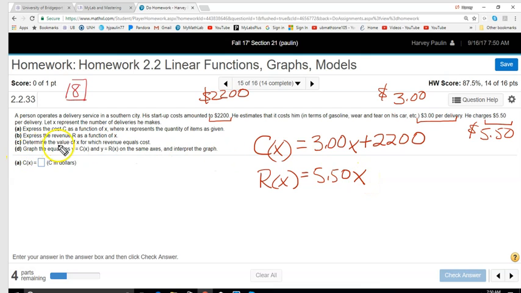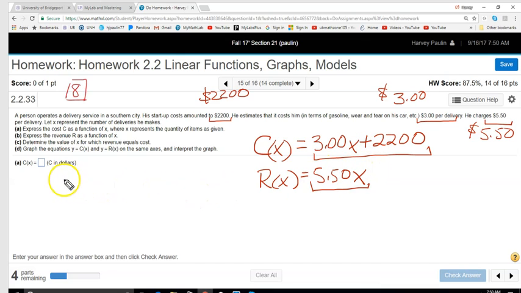Now, determine a value for X for which revenue equals cost. Well, if we take this part and equal it to this part, that is our break-even point.